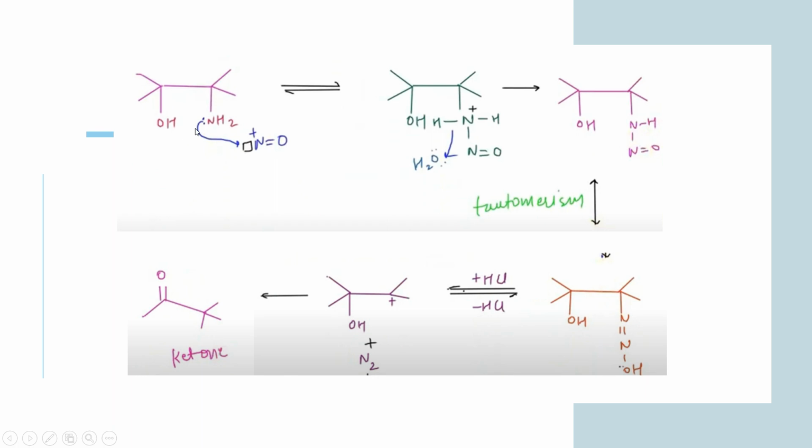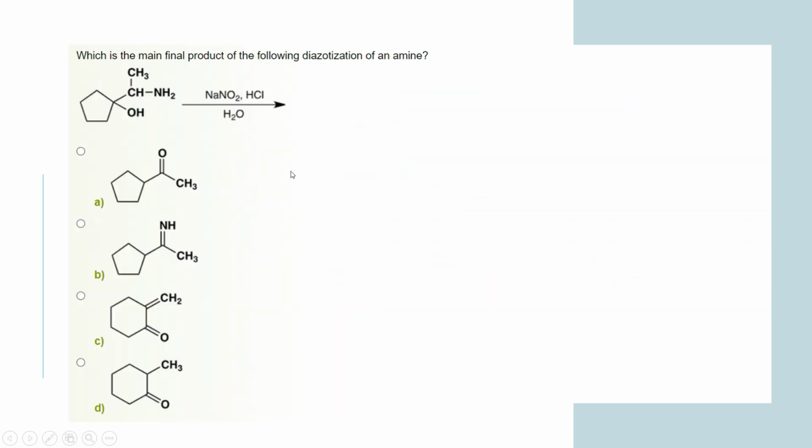Okay, so we subject it to the diazotization condition, and from the diazotization condition we have this NO cation formed by the reaction of NaNO2 and HCl in presence of water.